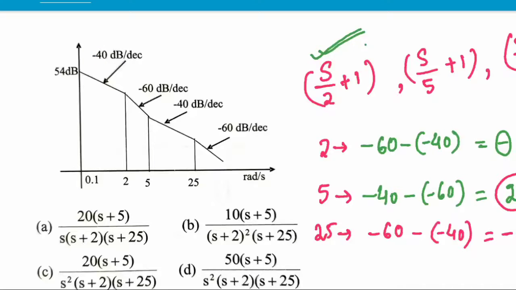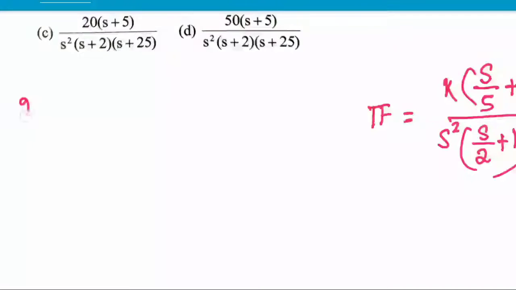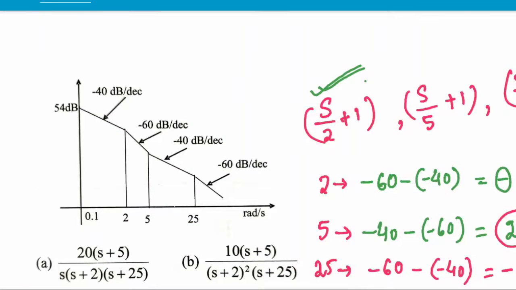To find k, we apply the formula: 20 log k is equal to 54 minus 40. What is this 54 minus 40? 54 is the intersection of the Bode plot with the y-axis, which must be taken at 0.1 on the x-axis.